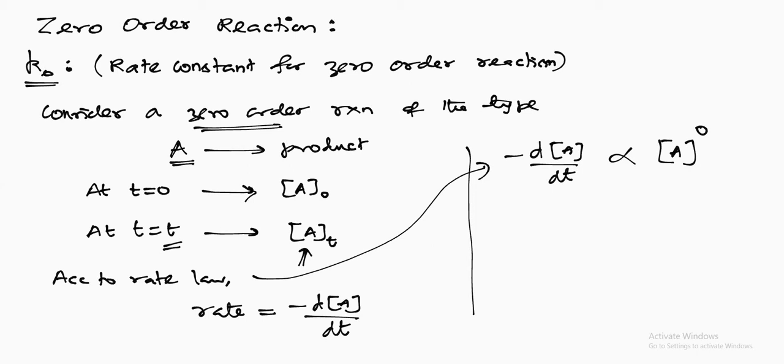Now let me convert the proportionality into equal. When you convert proportionality into equal, we should introduce a constant. So let the constant be K. I'll represent that K as K naught. What is this K naught? K naught is nothing but rate constant for the zero order reaction.